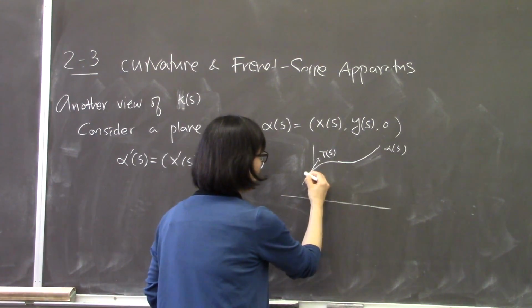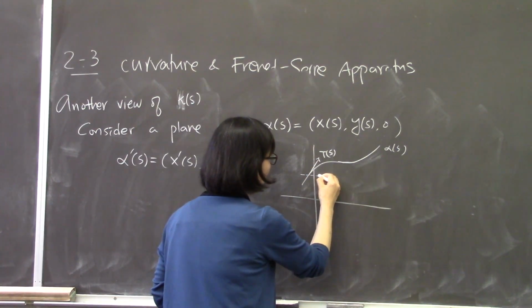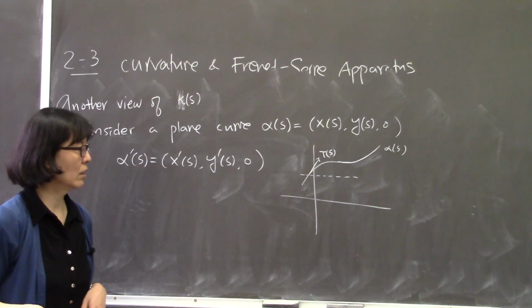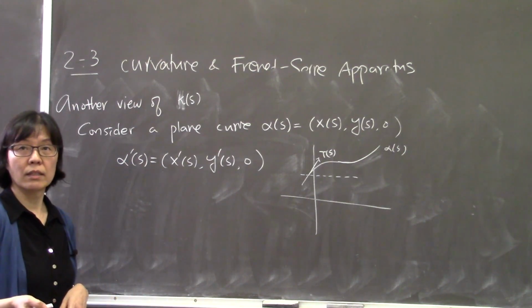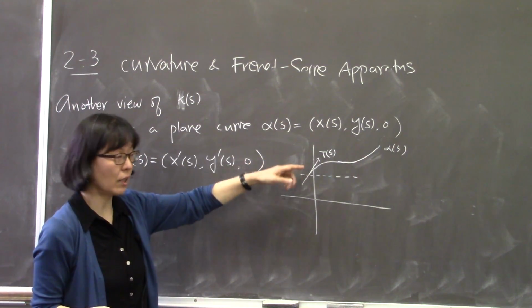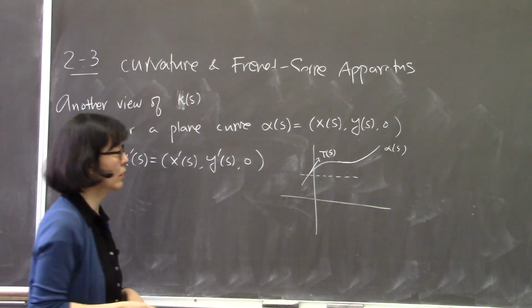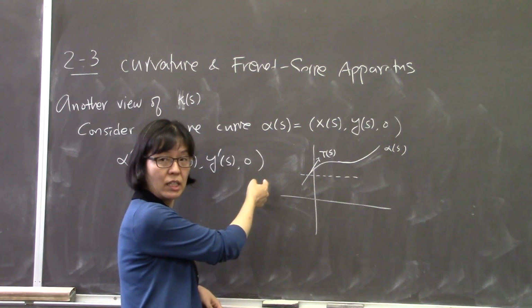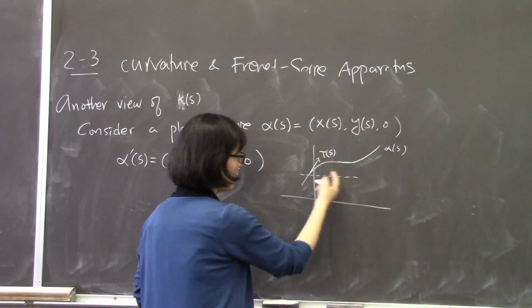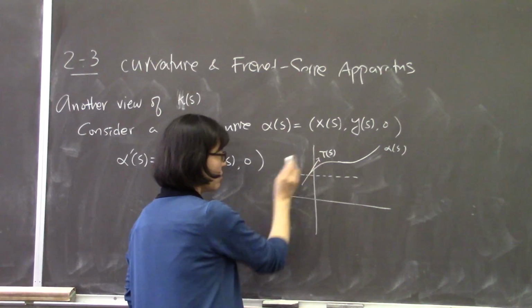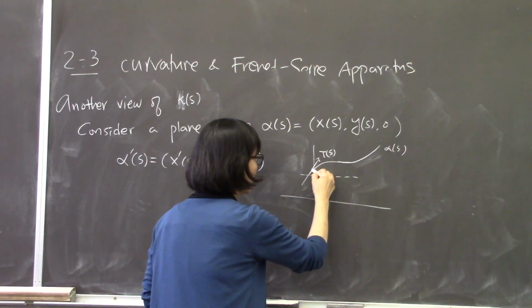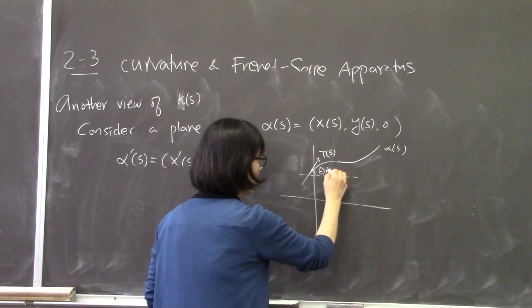And at this point, we draw a horizontal line, parallel to this, at this point. Then we see the angle between this horizontal line and the tangent vector at the point. So we define this as theta s.